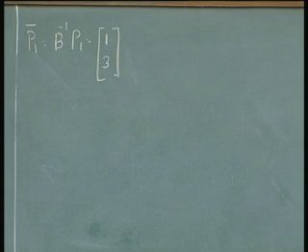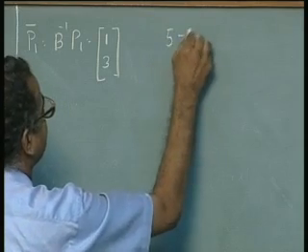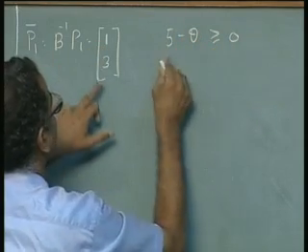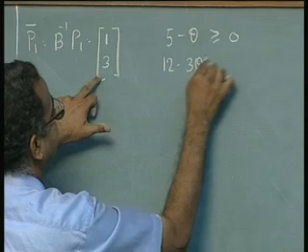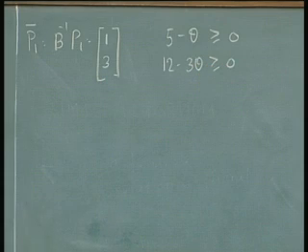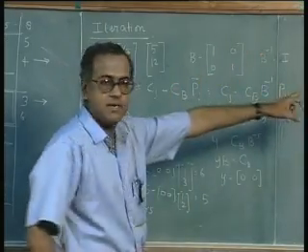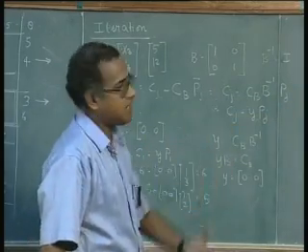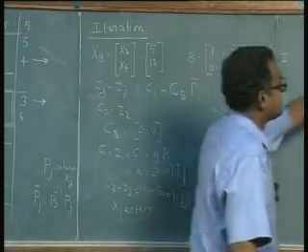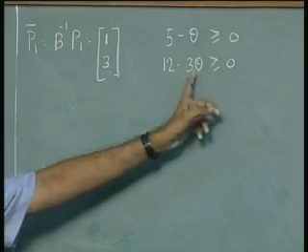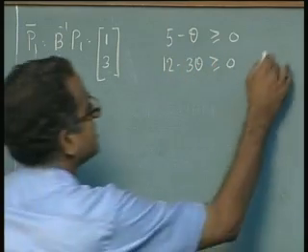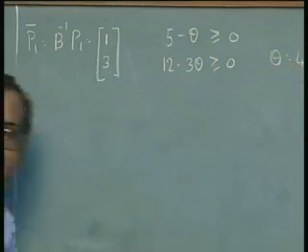The other way of doing it is to find out minimum theta such that 5 minus 1 theta is greater than or equal to 0, 12 minus 3 theta is greater than or equal to 0. The same values 5, 1, 12, 3 are being used. Either we can say theta as the minimum of 5 divided by 1, 12 divided by 3, or saying that we want to find out minimum theta such that 5 minus theta is greater than or equal to 0, 12 minus 3 theta is greater than or equal to 0. This would give us theta equal to 4.